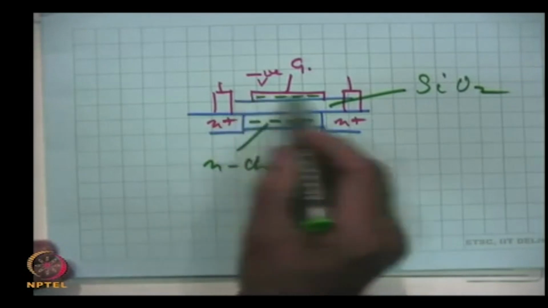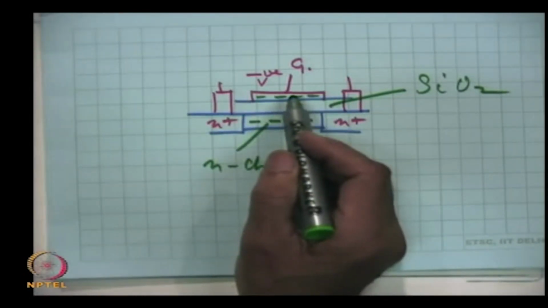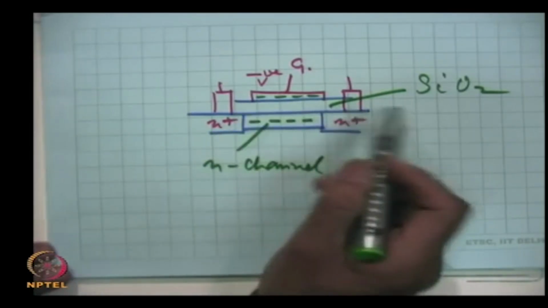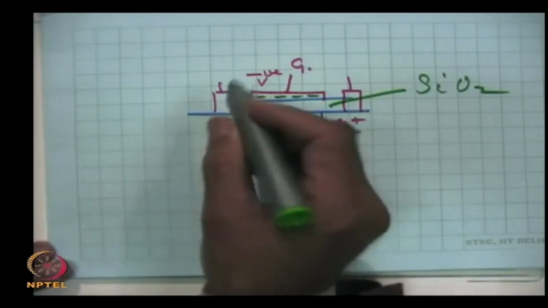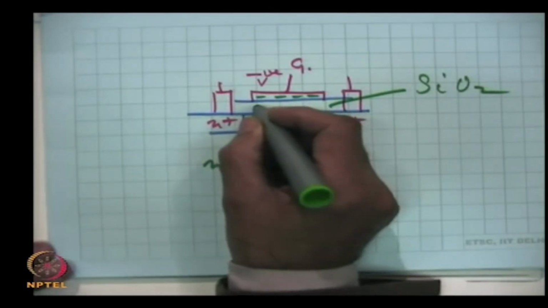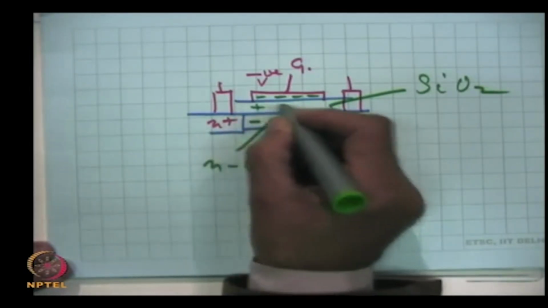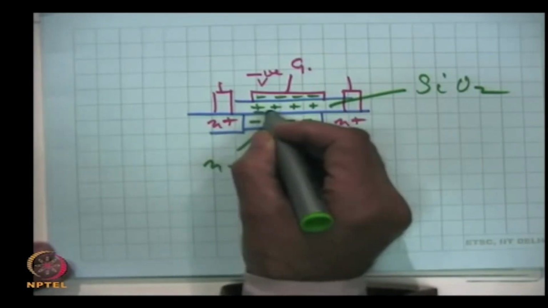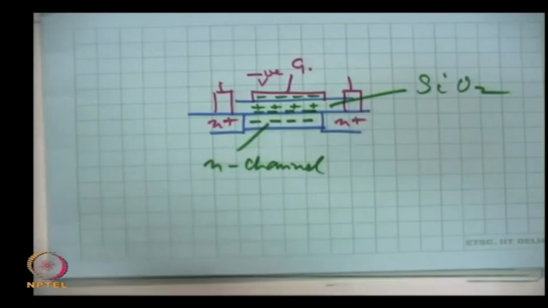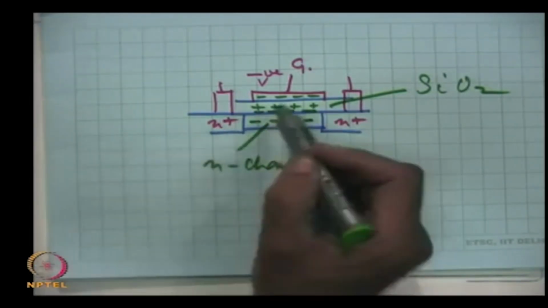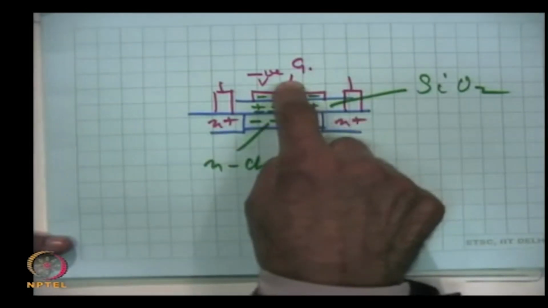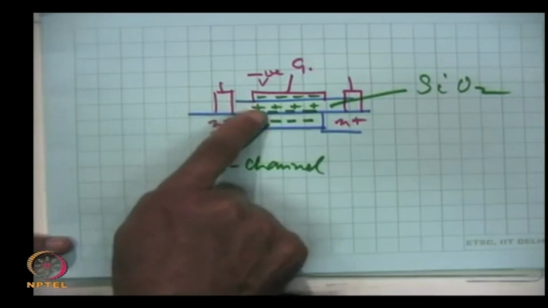The field at the gate, very important, will polarize this SiO2, and will induce positive and negative charges. They are bound charges in the insulator, SiO2 is an insulator, there are no free charges. So, the field at the gate will induce the opposite charges.